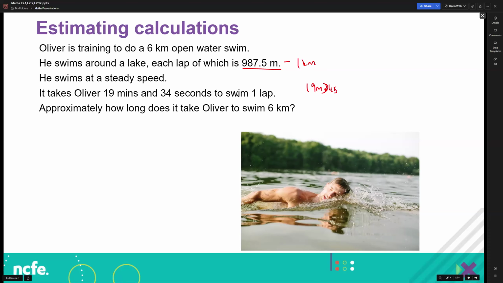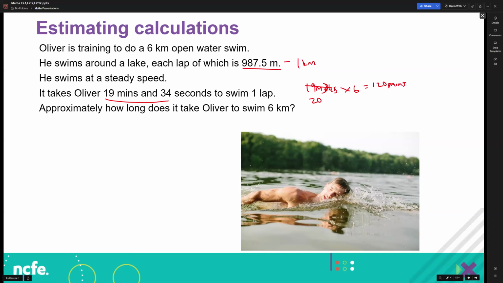We know how long it takes him roughly to do each kilometer, so we just times the two together. Now honestly, what we could do here, because we're estimating it, I'm gonna get rid of this annoying number, make it 20. So instead, 20 minutes, and then I'm gonna make this 6 laps. So then it's just 120 minutes. Okay, whatever. But I think that's right.